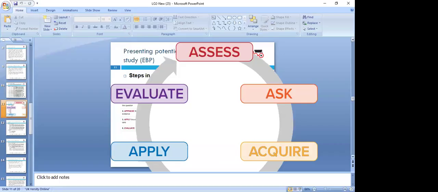Okay. Because a BPP is an evidence-based research, it is very important that you critically analyze. You ought to have what we call the assessing of the project that you have been given. You need to do what we call evaluation of it. You need to ask questions, that's your questionnaire.